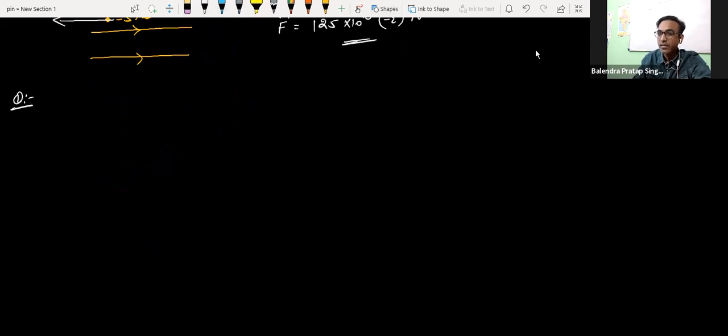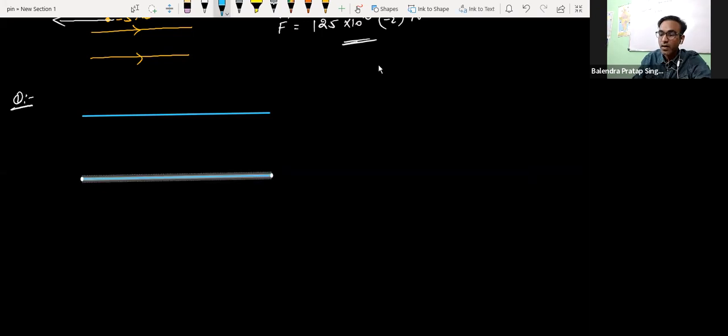electric field, let me draw a region of electric field. Suppose this is your negative plate. Okay, and suppose this is your positive plate. Okay, so in this case there is an electric field. Suppose the direction of the electric field is from positive to negative plate.